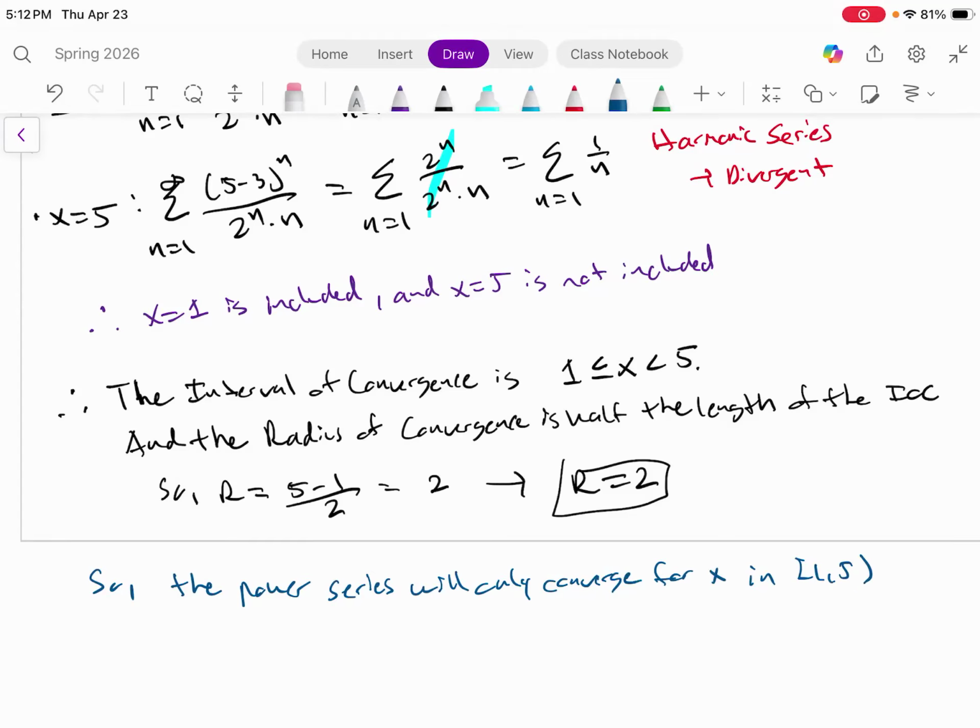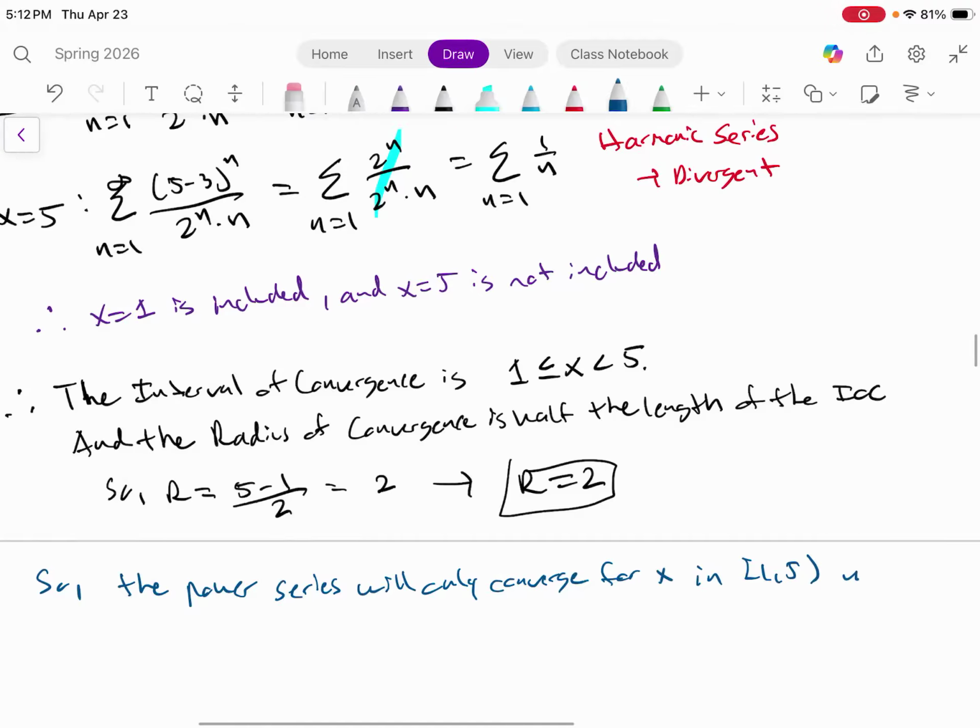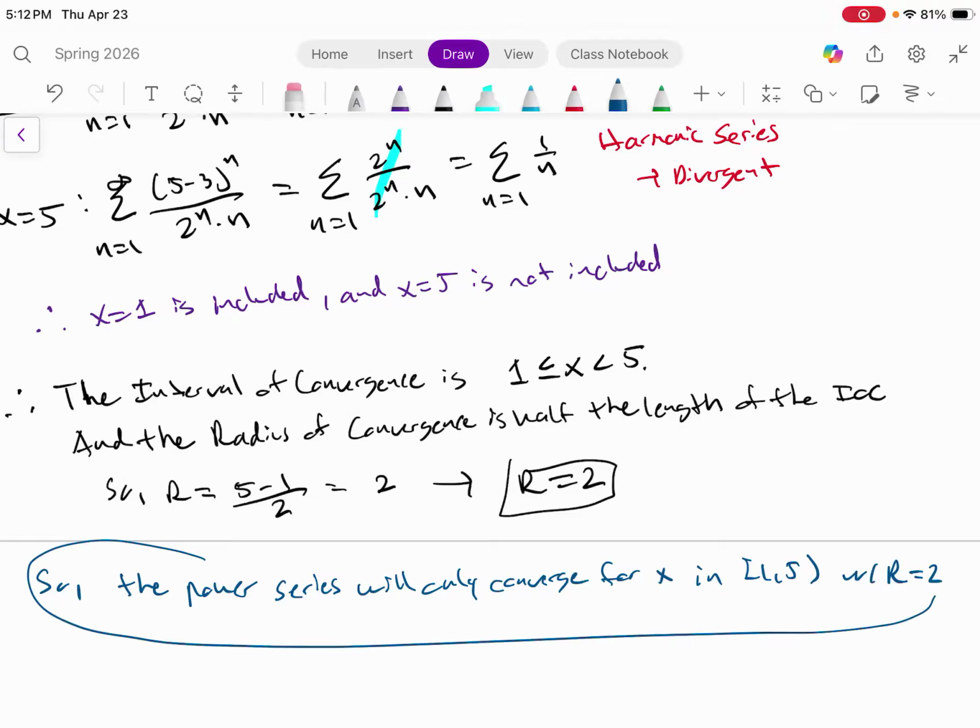Notice a hard bracket on 1, the parentheses around 5, with a radius of 2. So I'm going to circle this answer since that's our final answer. Okay, so that's how you would find the interval and radius of convergence.